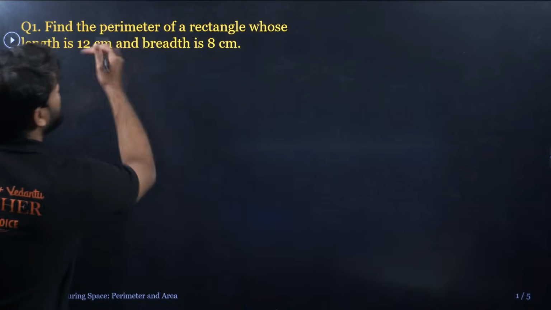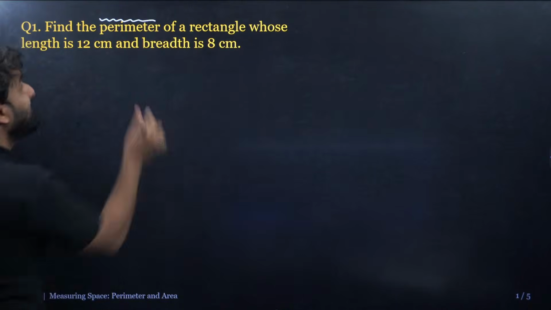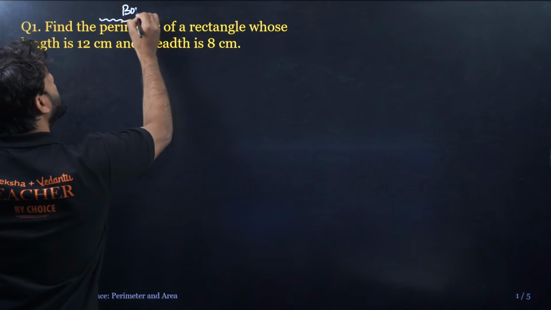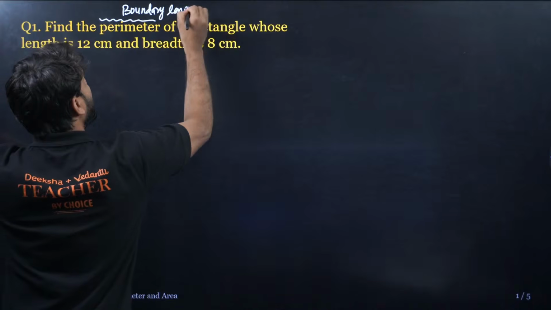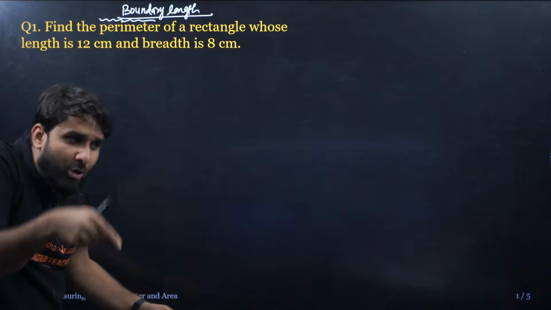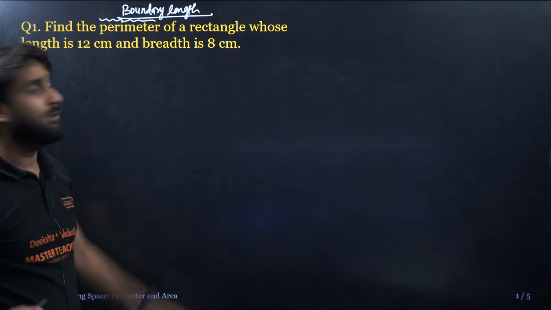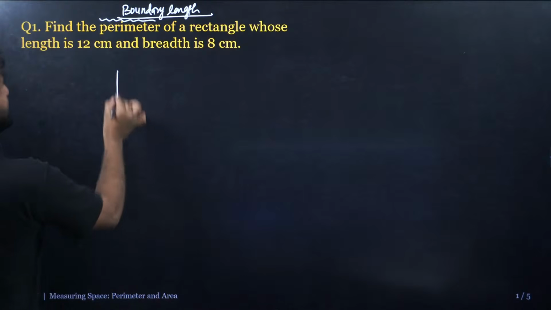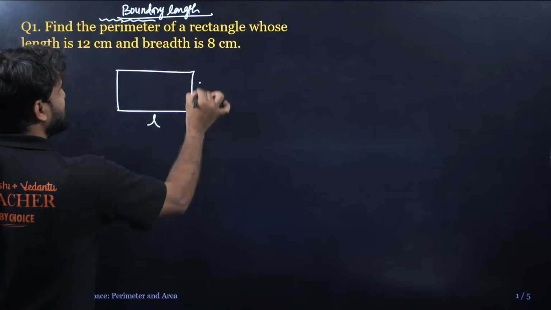So the first question is, find the perimeter. Do you know what perimeter means? Perimeter means total boundary length. Anything, whether it is a rectangle, a square, a circle, whatever, the total outer boundary length is called perimeter. If we talk about a rectangle, this is a rectangle we have, and this is length and this is breadth.